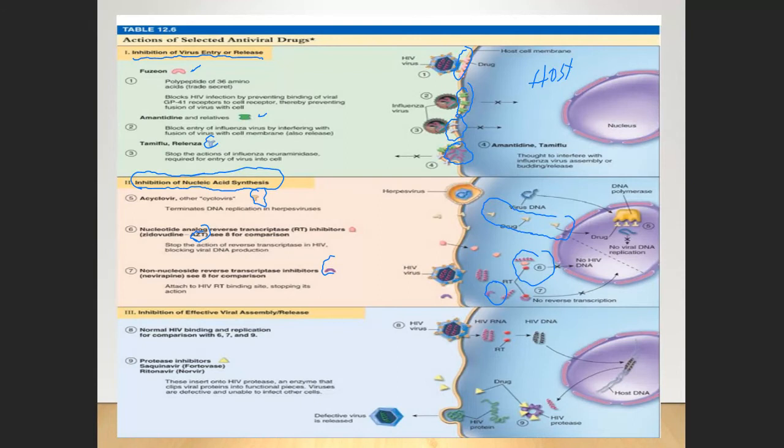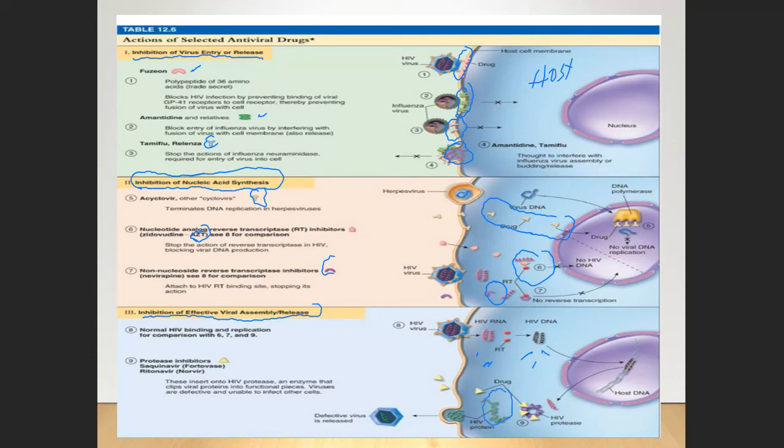The last one is the one that inhibits the assembly and also release of the virus. So maybe the virus is still able to produce the protein like the capsid, the spike, etc. But this drug is used to block the combination or the assembly of this capsid and the DNA.